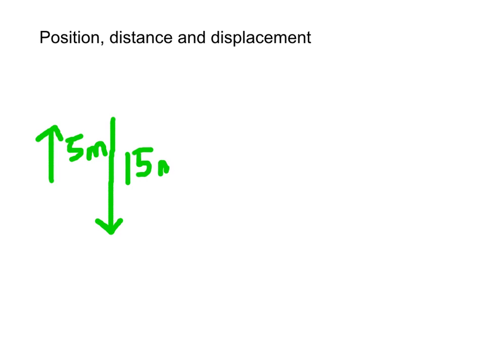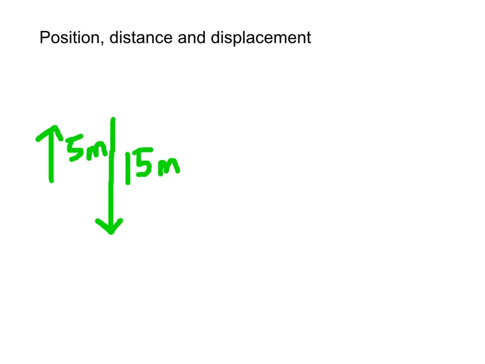Alright, simplest example I can think of. I'll do the simple one in green. Someone walks 5 meters north or up, 15 meters from there, south, and those arrows are clearly not drawn to scale.